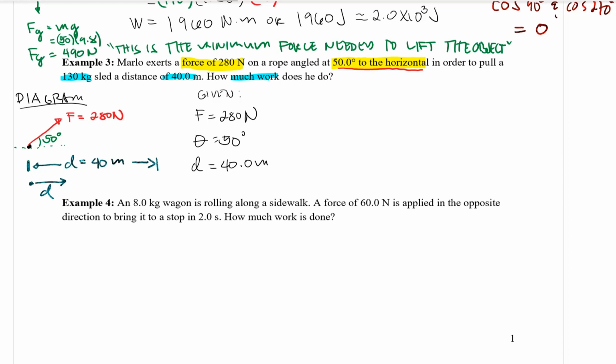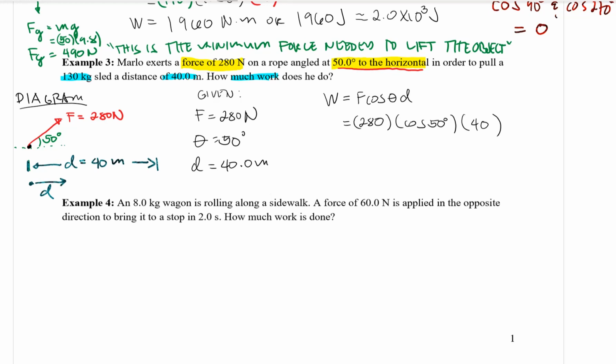To answer the question, work is given by F cosine theta d. We're given the force of 280 newtons multiplied by the cosine of 50 degrees and the displacement of 40 meters.